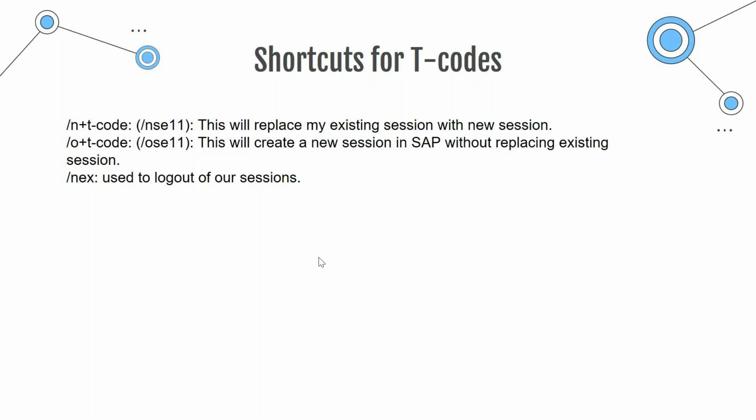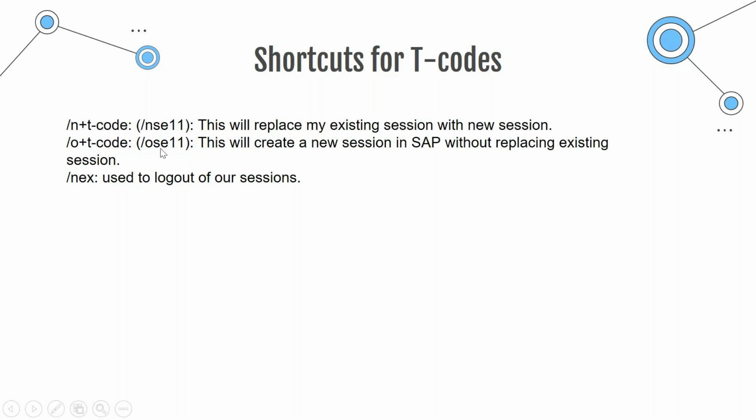In this case, if I give /n SC11, we have seen SC09 yesterday, so likewise SC11 is one T code, then it will replace my current session with the SC11 session. The existing screen will be gone and I'll get a new screen. That is /n: replace existing session with new session.